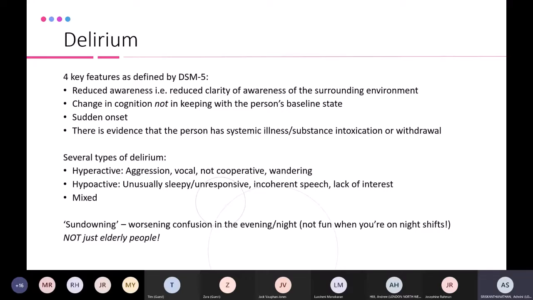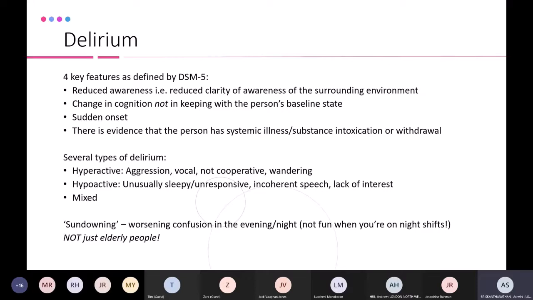It's usually a sudden onset, and there's evidence that they might have any sort of systemic illness, for example, any sort of infections. Especially with elderly patients, you have loads of drugs on their drug chart, for example. So polypharmacy is a big one. If they've been started on any new drugs, that might be interacting with their normal drugs.